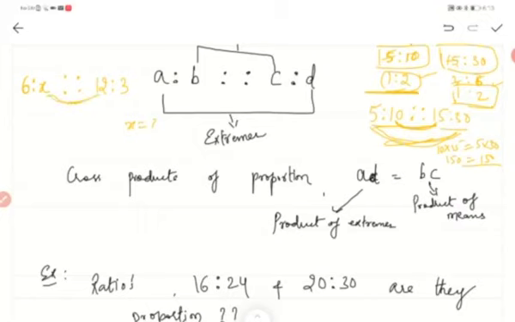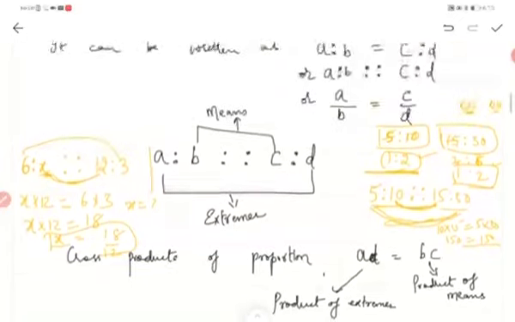Product of mean terms, that is middle terms, x into 12 is equal to the product of extremes, 6 into 3. So 12 into x is equal to 18, so x will be equal to 18 by 12. This will be the value of x. This kind of problem you will get: one term will be unknown, and you can easily find it just by using proportion, the mean and extreme terms.